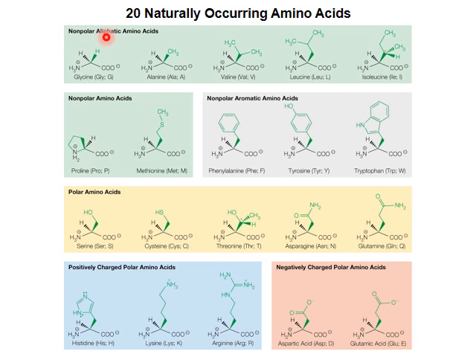So these groupings follow the groupings on the previous page. Nonpolar aliphatic amino acids. Here's your aromatic amino acids, your polar amino acids, and for the charged, they broke them into positively charged and then negatively charged. So everything in black here is your basic amino backbone, your carboxylic acid, your alpha hydrogen, and your amino group.